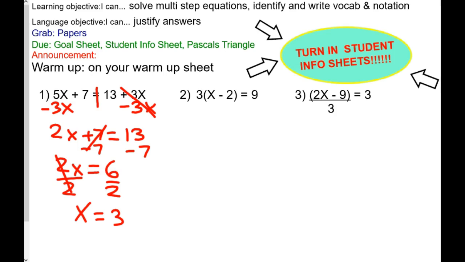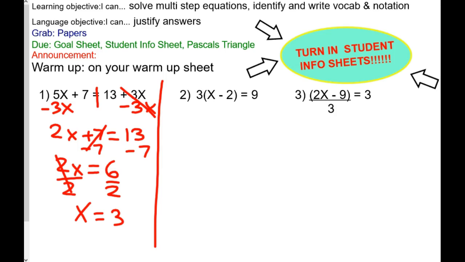Okay. The second one, number 2. What's different about that? The parentheses, and there's a number in front of it. What do I do with that number in front of the parentheses? Okay, we're going to multiply it inside, and what's that called?